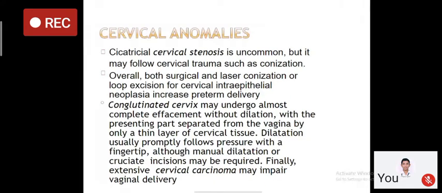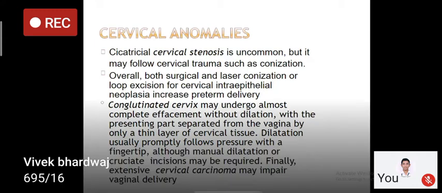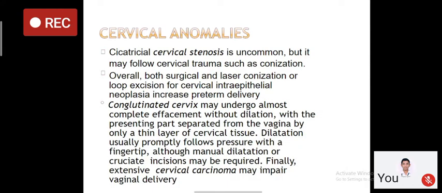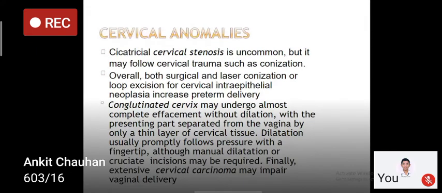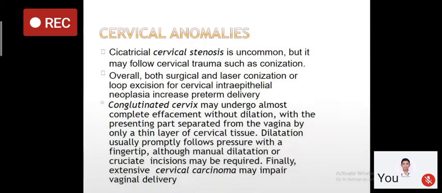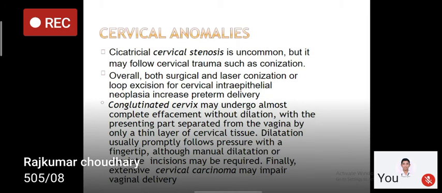Sometimes there are cervical anomalies. Cicatrization and cervical stenosis are uncommon, but may follow cervical trauma such as conization. Where do we do conization? Conization is done in the treatment of cervical intraepithelial neoplasia, CIN 3, CIN 2. Sometimes conization is necessary for confirmation of the margins of carcinoma cervix.